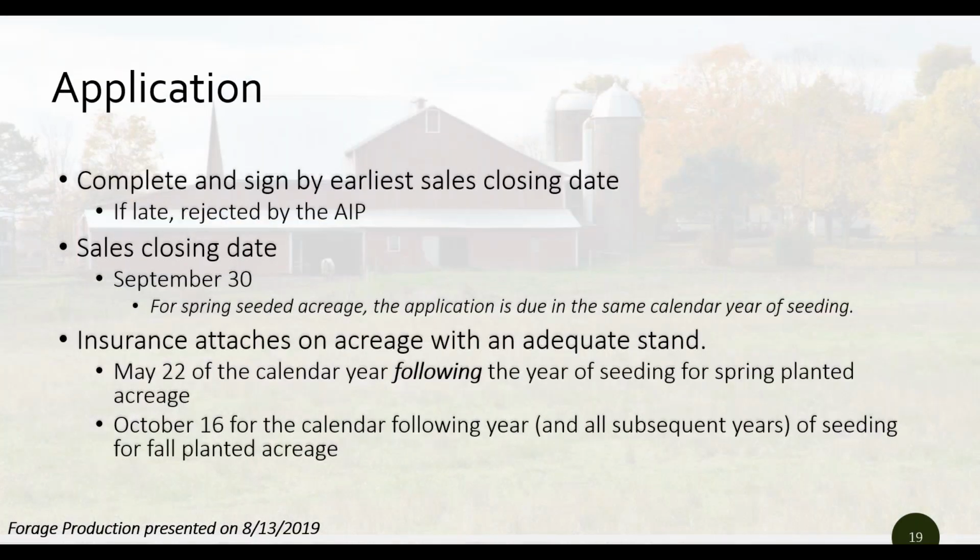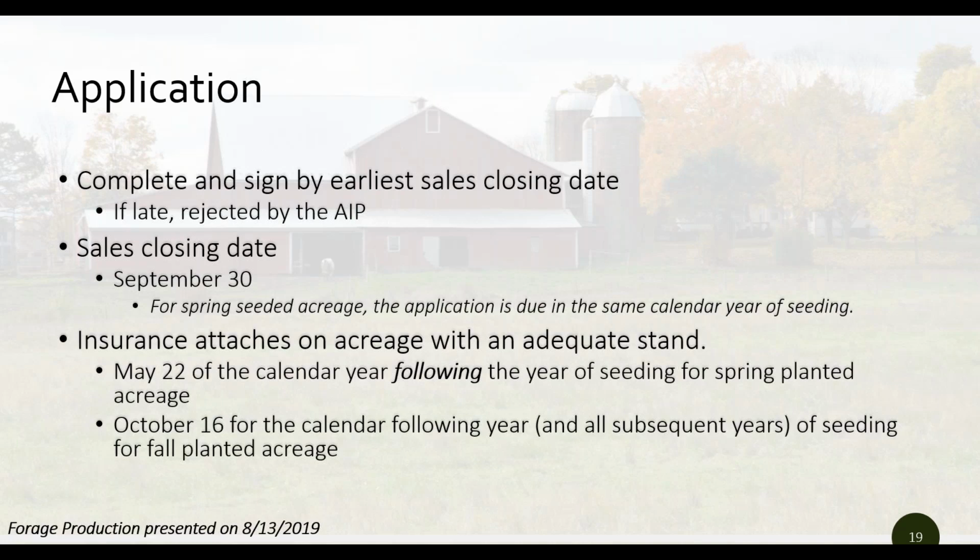So the application must be completed and signed by the earliest sales closing date. If it's late, obviously it's going to be rejected, but you want to make sure that you include your name, address, tax ID, substantial beneficial interest, along with your selected plan of insurance. In this case, it'd be the actual production history.